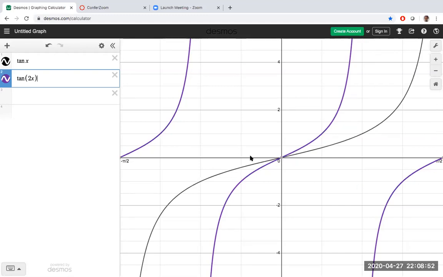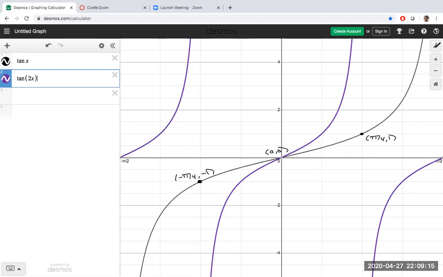We had negative pi over 4, -1, we have 0, 0, and we had pi over 4, 1. Okay, now do you see how we've shrunk that piece? This is about half the size, yes?